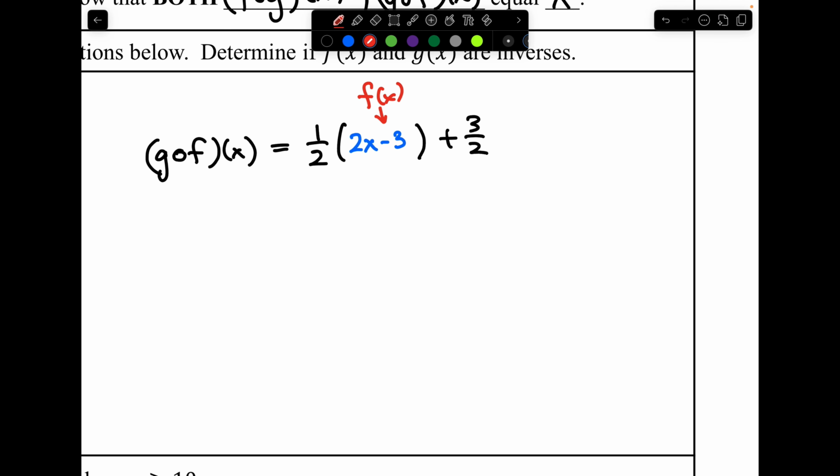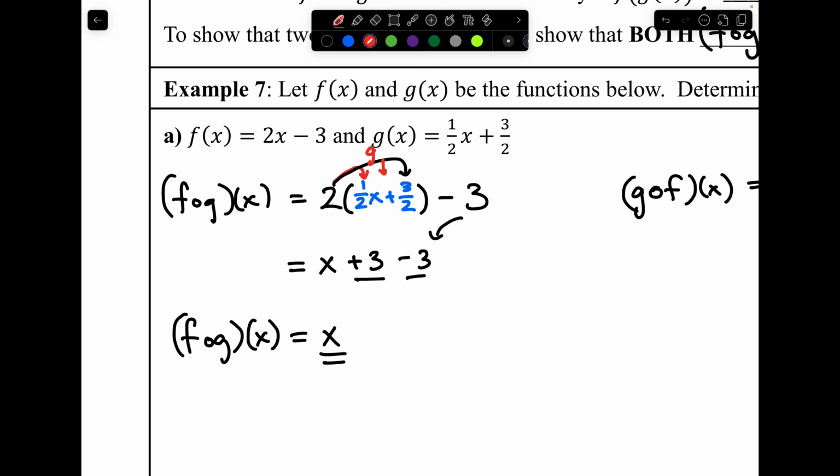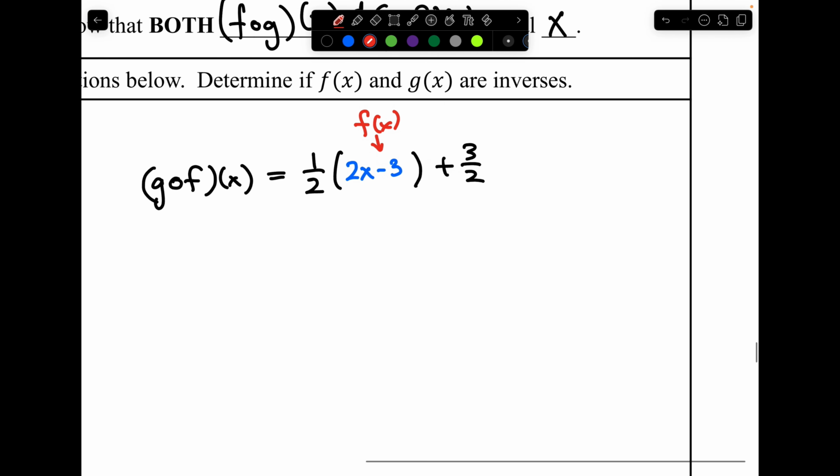I'm putting f inside there, just like over here, inside here, I put g. So now the steps again require distribution. I have to multiply both of these numbers by 1/2. Half times 2 equals 1, so 1x, which I'll just write as x. Half of negative 3 is negative 1.5, as a fraction that's negative 3 over 2. Bring down the plus 3 over 2.